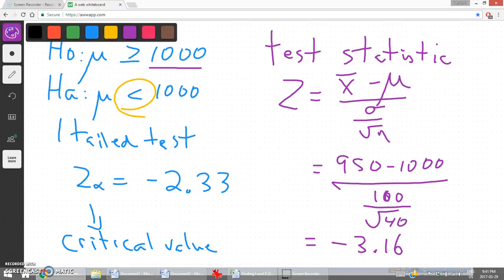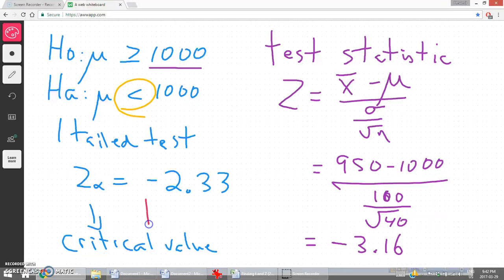So in a hypothesis test, we are comparing the test statistic to the critical value. If the test statistic is more extreme than the critical value, has a larger absolute value than the critical value, we are going to make the decision to reject the null hypothesis.